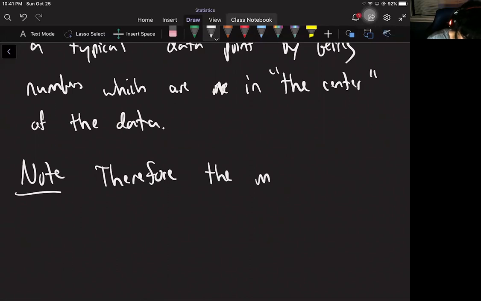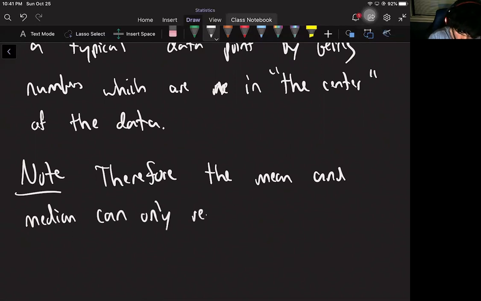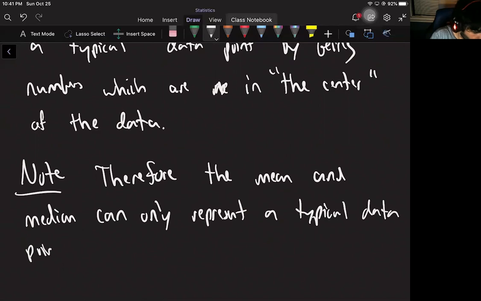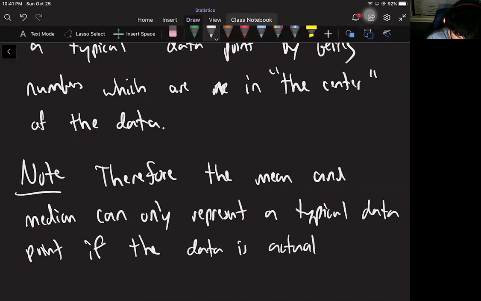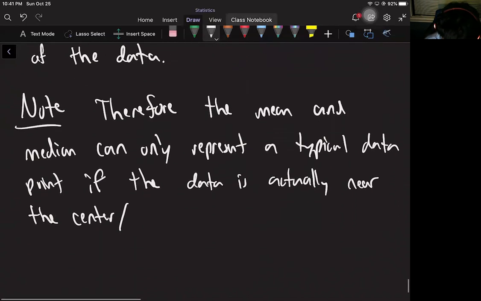So the mean and median can only actually represent a typical data point if the data is actually near them, near the center. And since they are supposed to be the center, when I say near the center, I mean near them.